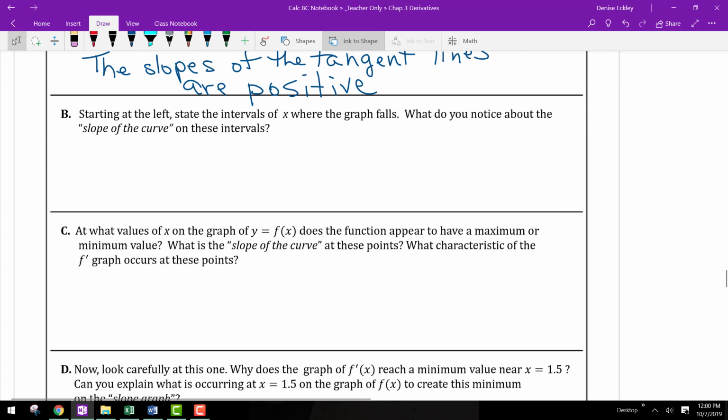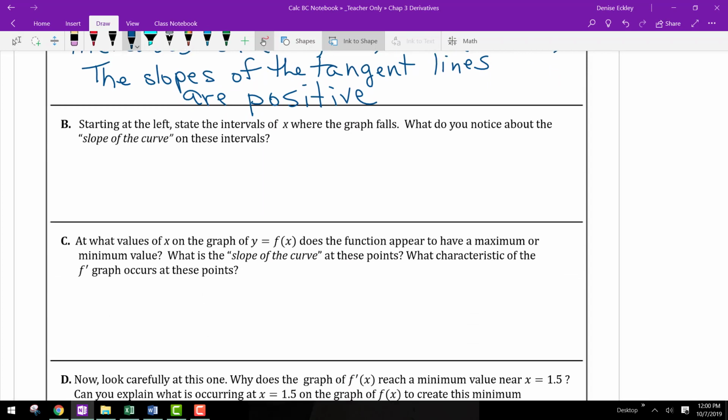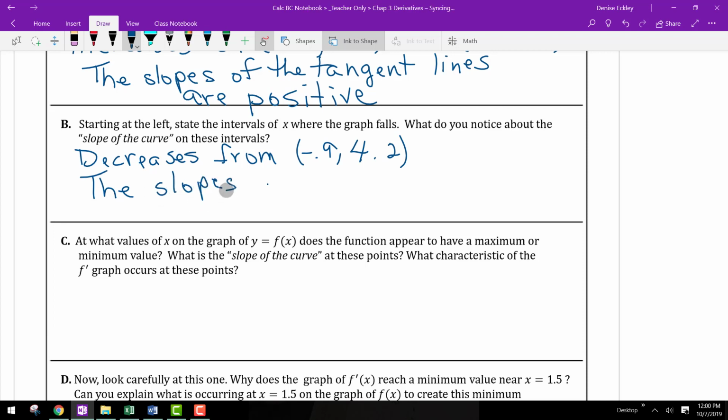So for part B, we're going to say that it decreases from -0.9 to 4.2, in between those two horizontal tangent lines. So the slopes of the tangent lines are negative.